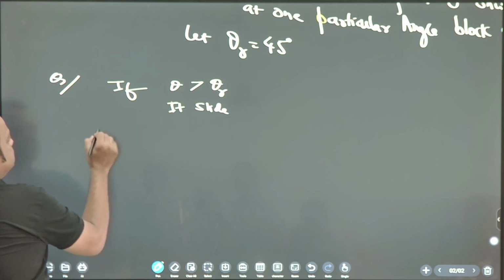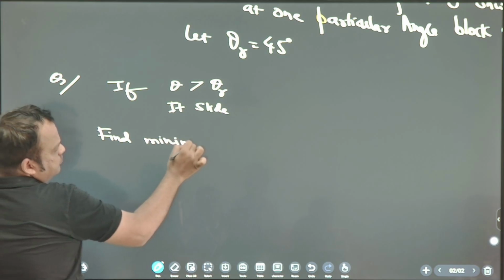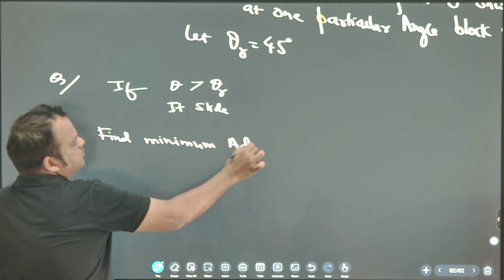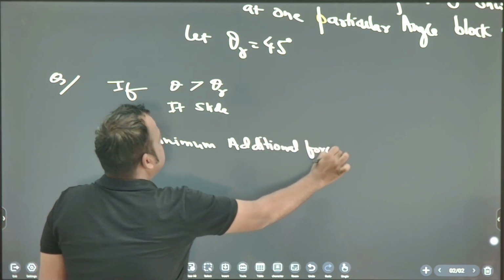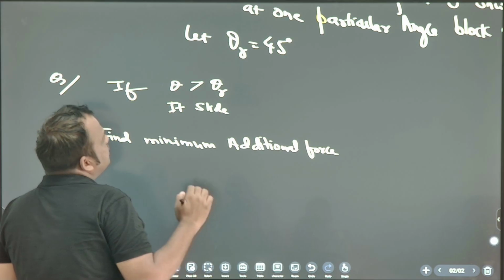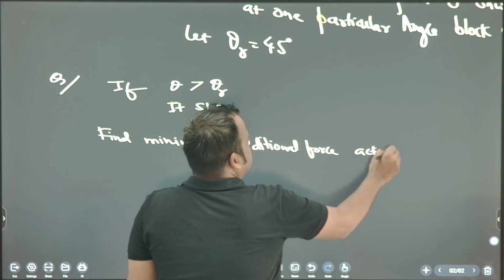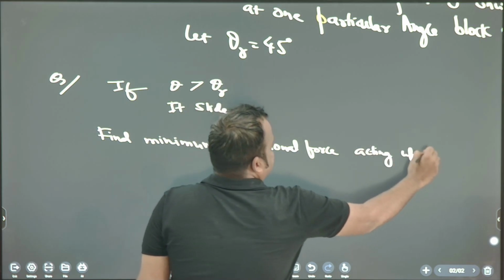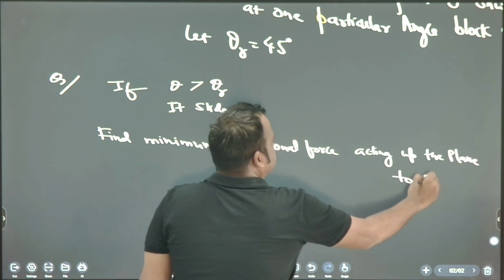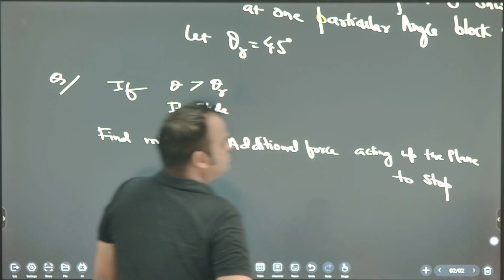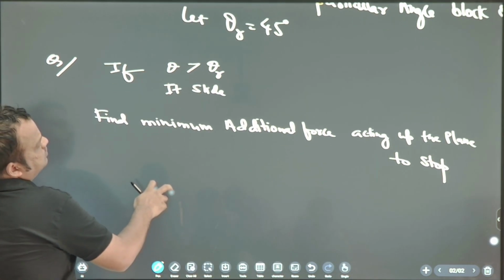So find the minimum additional force that must be acting up the plane to stop it. I want to stop it. What minimum force is needed? That is the question.